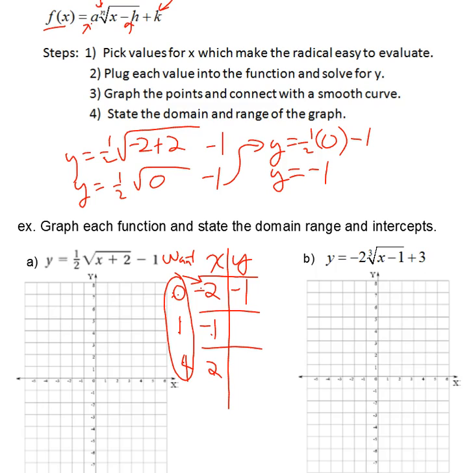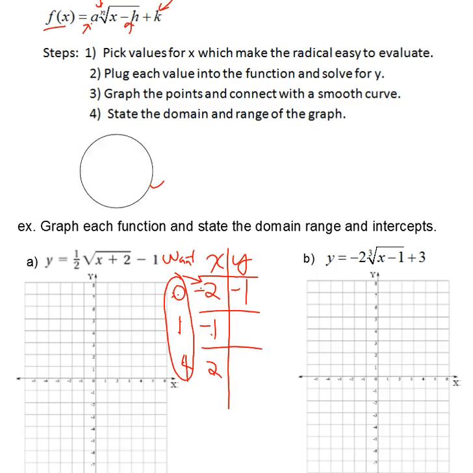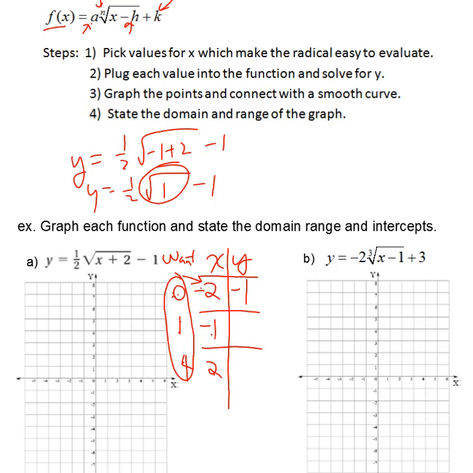Now, going forward, I need to find when x is -1, what's y? When I plug in y equals 1/2 of the square root of -1 plus 2 minus 1, I get y equals 1/2 of the square root of 1 minus 1. There's that easy 1 that I wanted to square root. Well, the square root of 1 is 1, so 1/2 times 1, and minus 1 would be 1/2 minus 1, so -1/2.